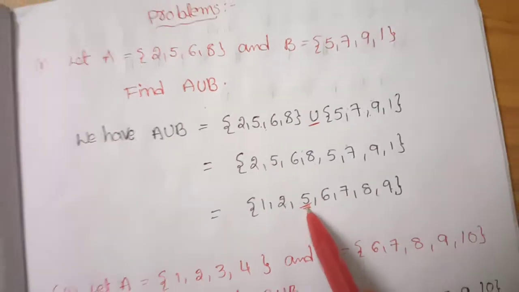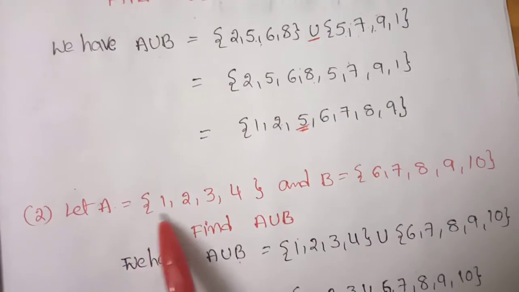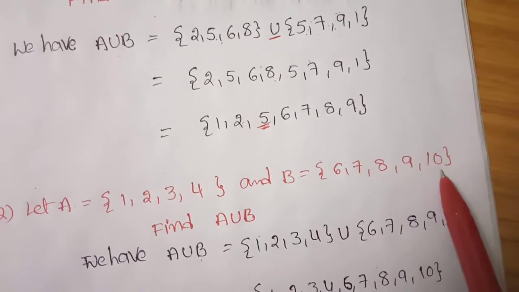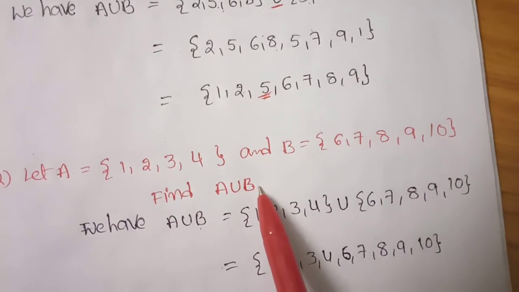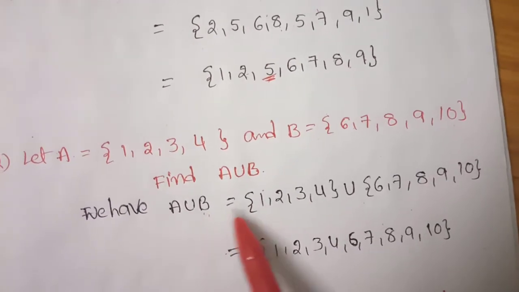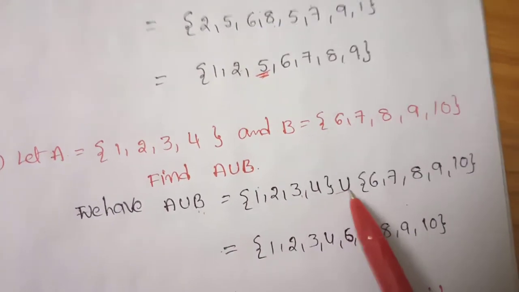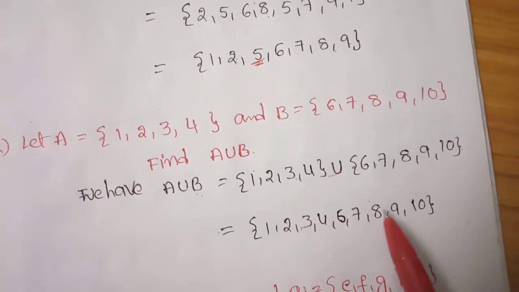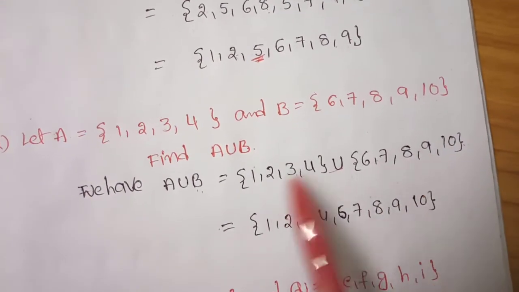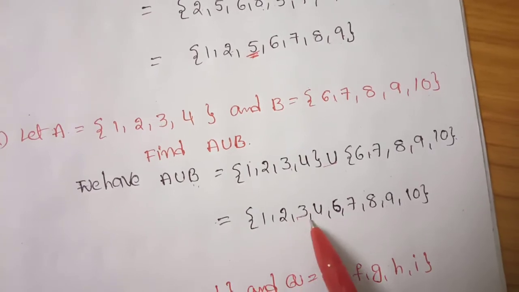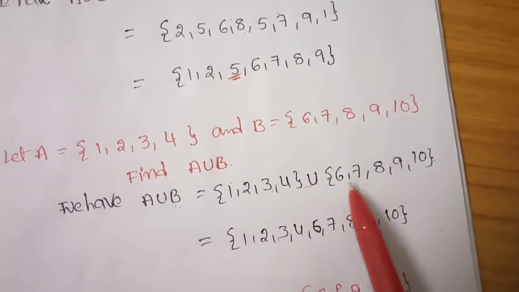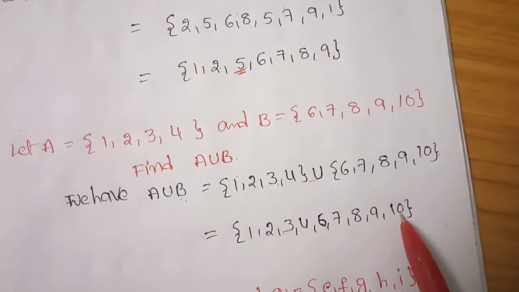Okay, next one. A = {1, 2, 3, 4} and B = {6, 7, 8, 9, 10}. Find A ∪ B. We have A ∪ B equals {1, 2, 3, 4} ∪ {6, 7, 8, 9, 10}, that is the A set or the B set. Union means 1, 2, 3, 4, not 5, then 6, 7, 8, 9, 10.